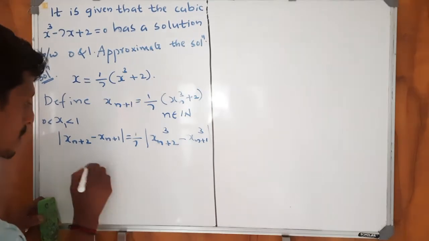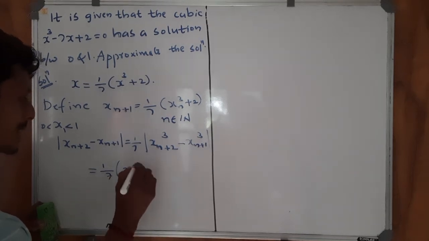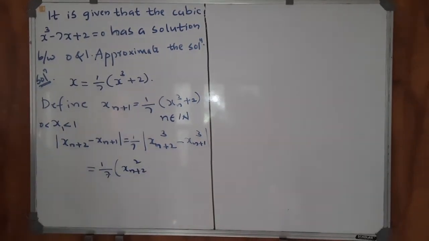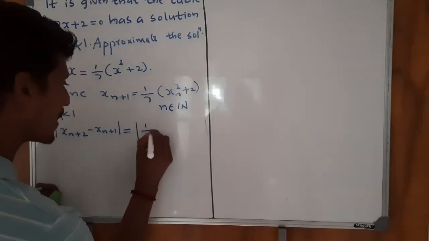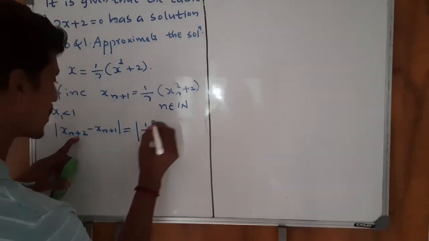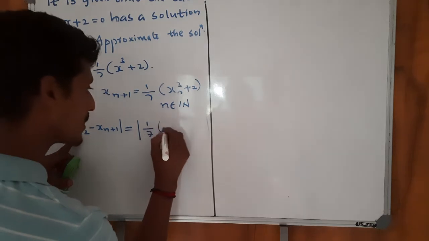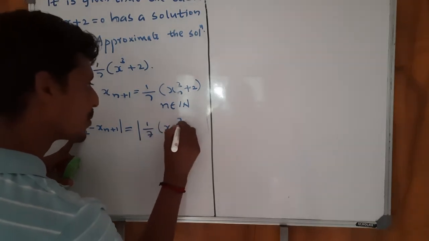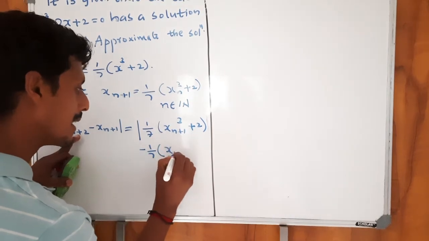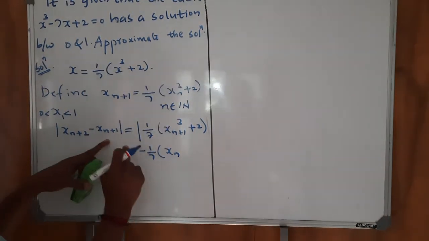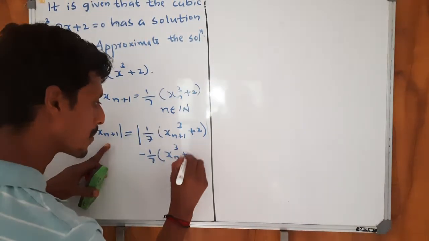By definition, xn plus 2 is 1 by 7 into xn plus 1 whole cube plus 2, and xn plus 1 is 1 by 7 into xn cube plus 2.